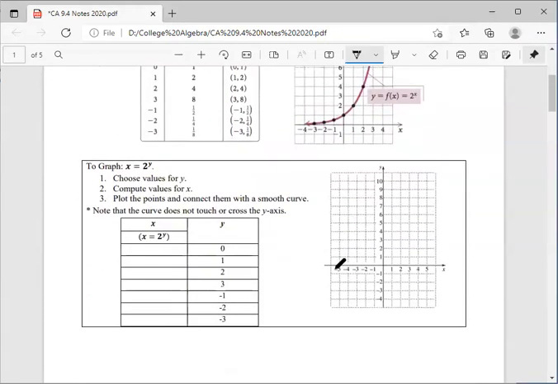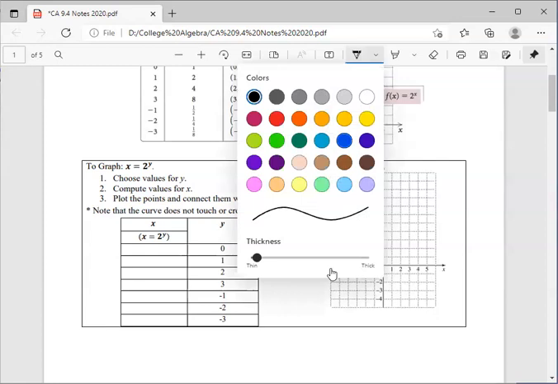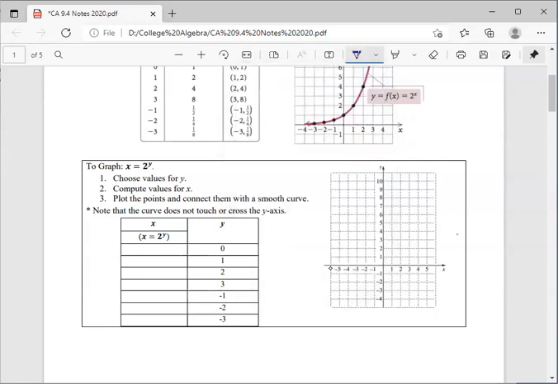Okay. And so I'm going to take, just because I want you to be able to see it down here, and plot some of these points for y equals 2 to the x on this graph. I'm going to make them blue. So one of the points would be 0, 1. So the blue is going to be y equals 2 to the x.